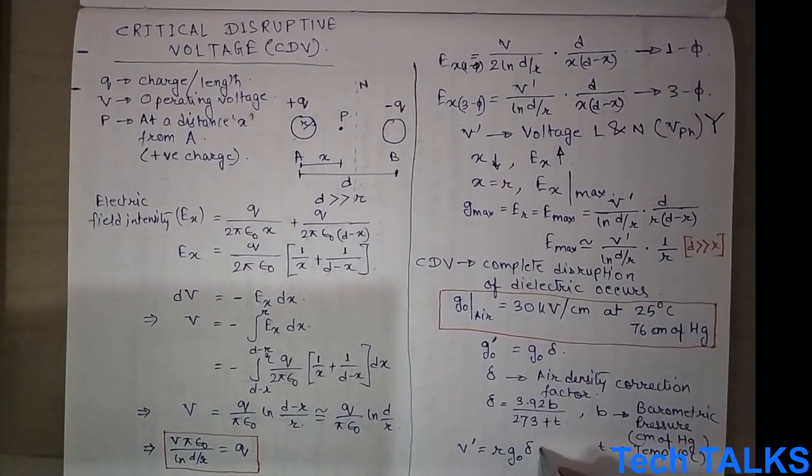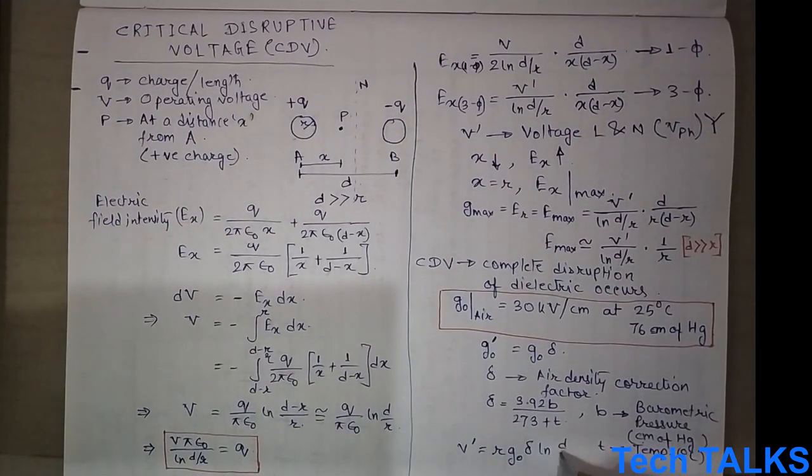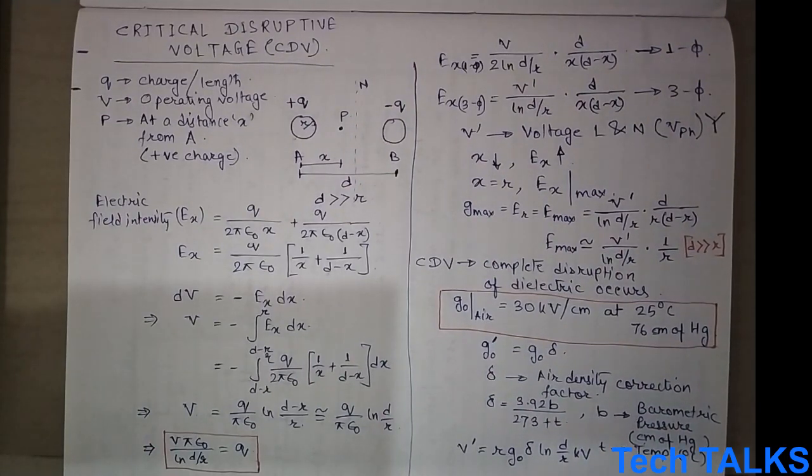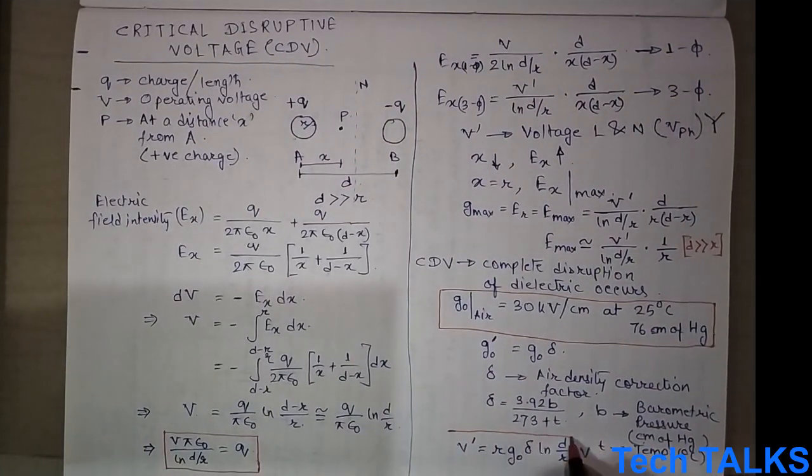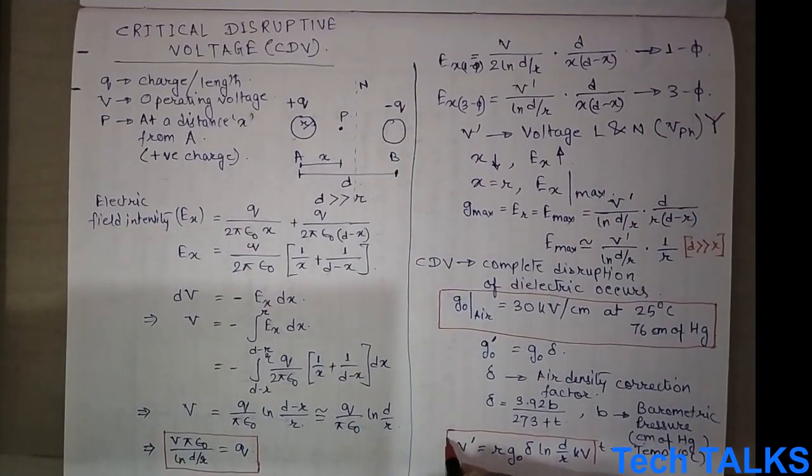One more assumption is that here we have considered the conductor to be solid and the surface smooth, but actually this is not so. The surface of the conductor is not smooth.